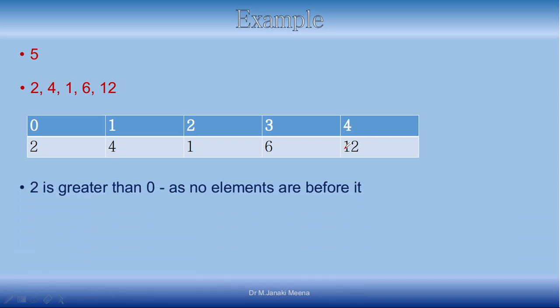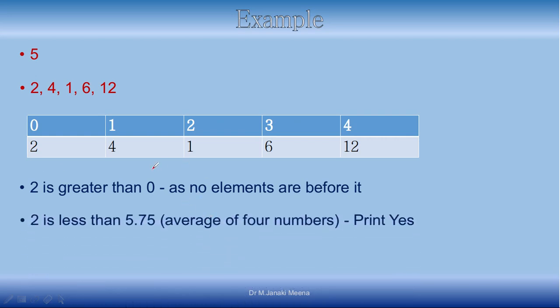Now what you actually want is to compare each element. We have to start from the first element. It should be greater than the elements occurring before it, but nothing is occurring before it, so we can think of the average as 0. 2 is greater than 0, so the first condition is satisfied.